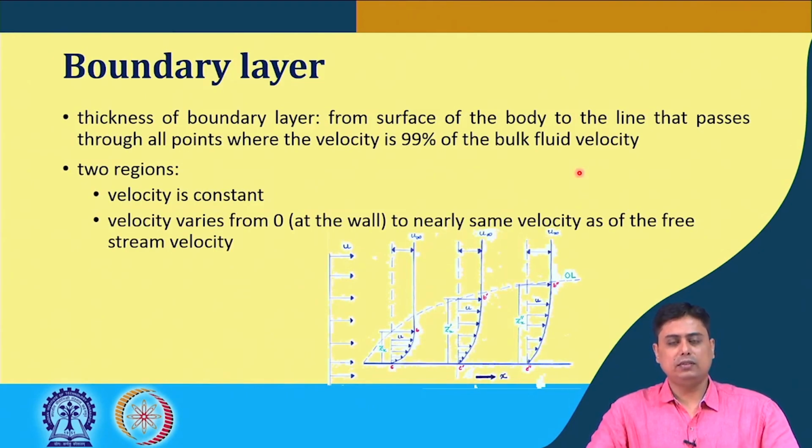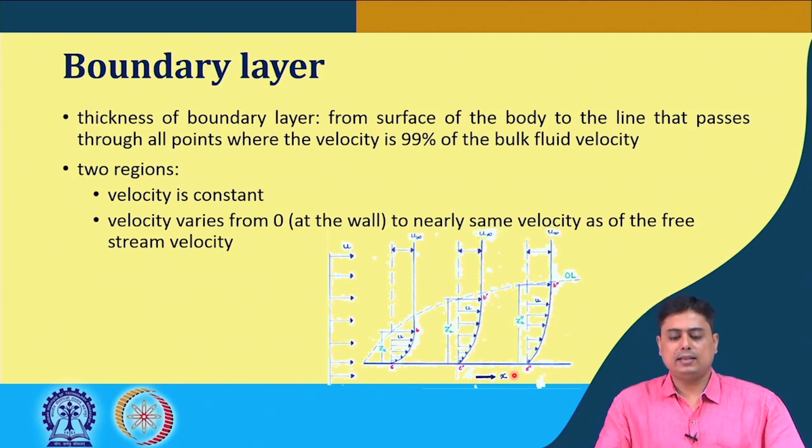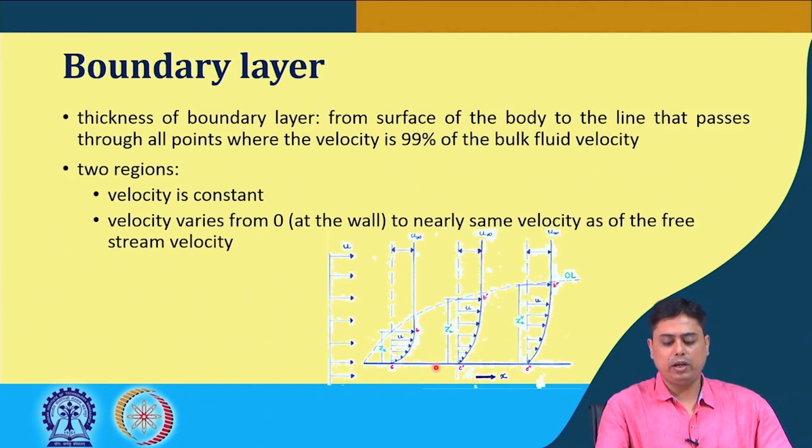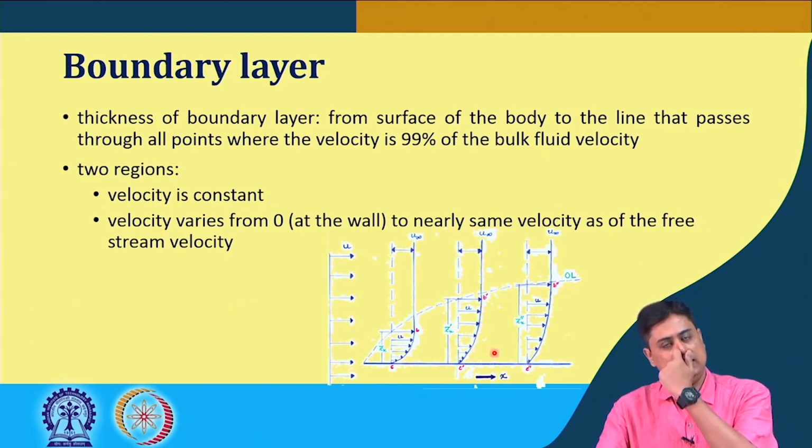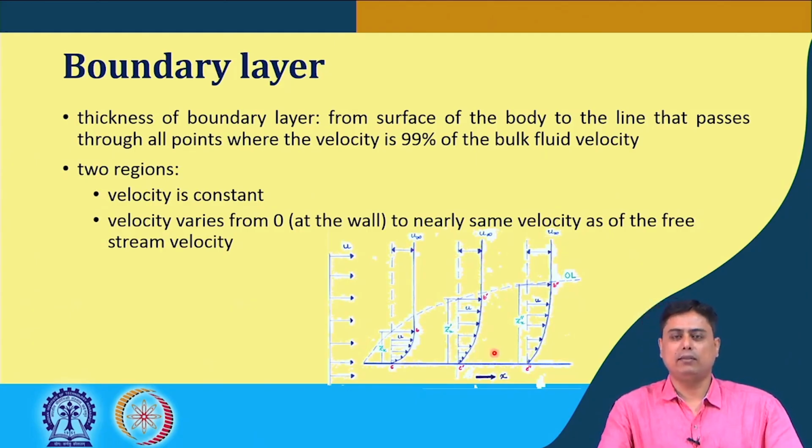So, this thickness of the boundary layer, okay, that depends on the type of the body or the object that we are considering here. So, again we stick to the flat plate example. Now, here we can see the thickness of the boundary layer that we define from the surface of the body, as I said, to the line that passes through all points where the velocity is nearly same to the bulk velocity.